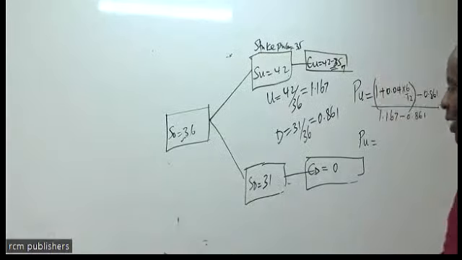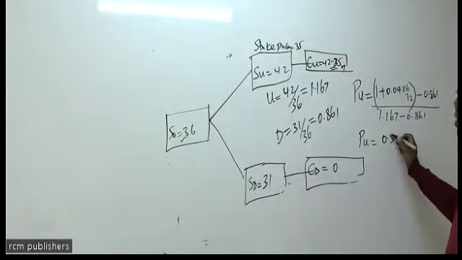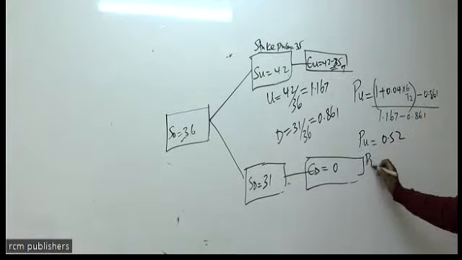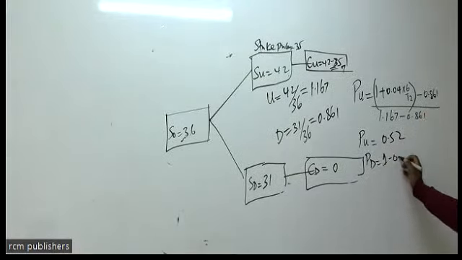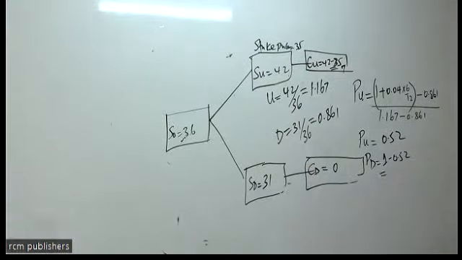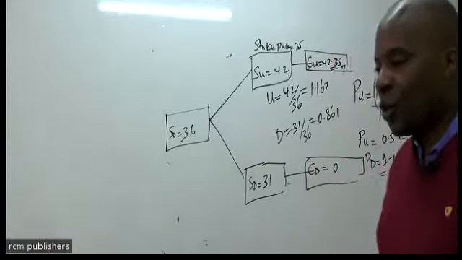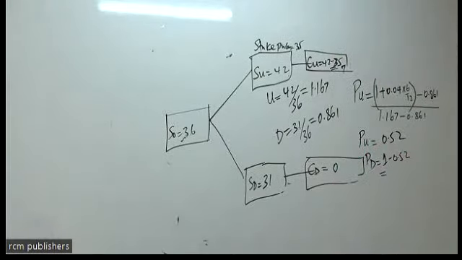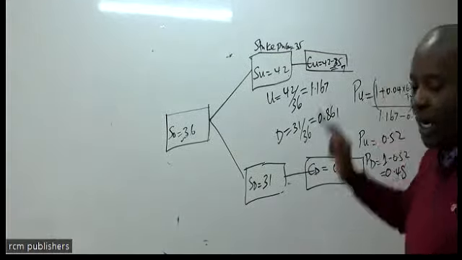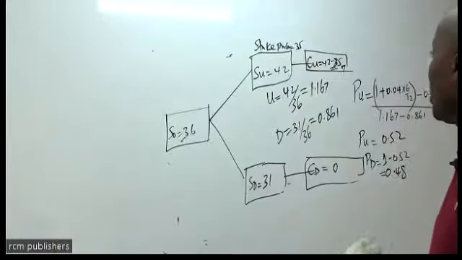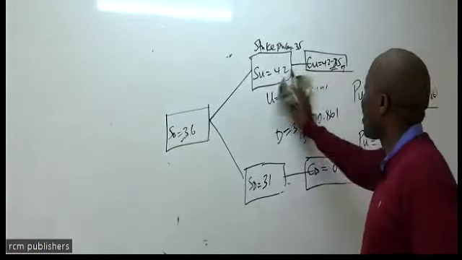So 0.52. Thank you very much. Then if this is PU, then P down will be 1 minus 0.52, which will be equal to what here? 0.48. Thank you so much. So now these are the probabilities that I would need to come and put here.